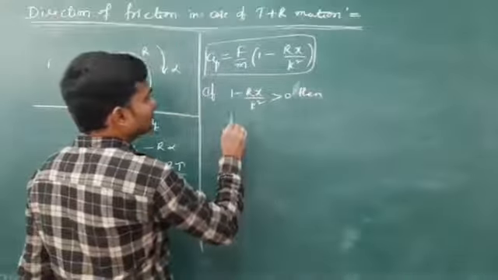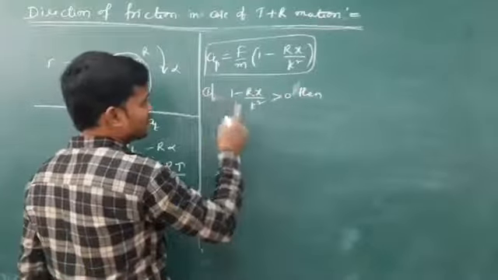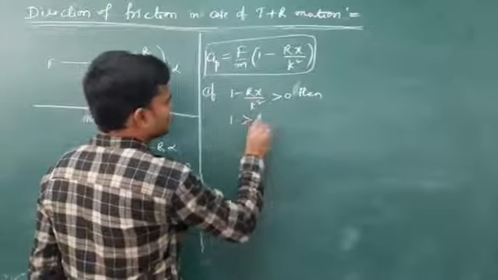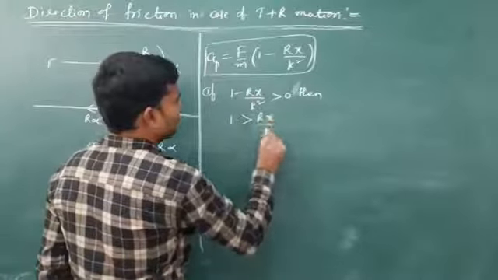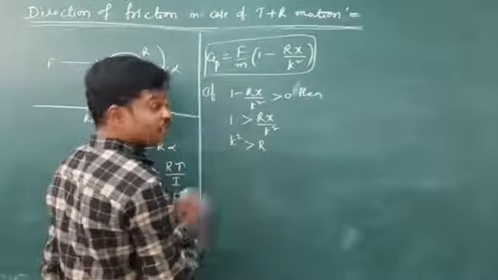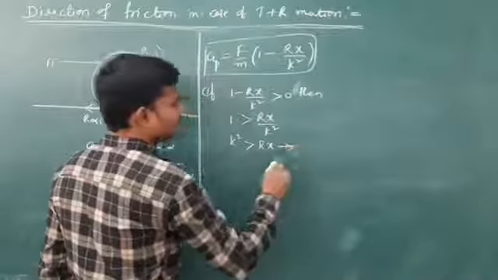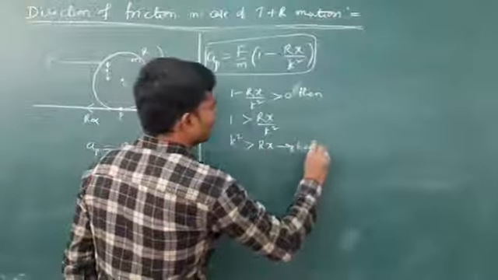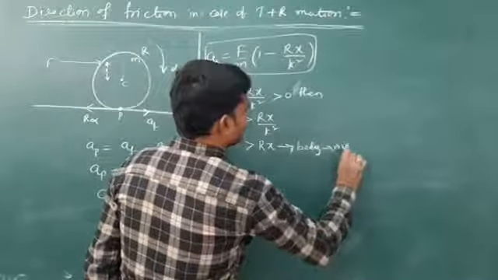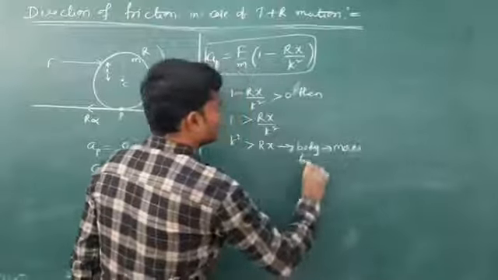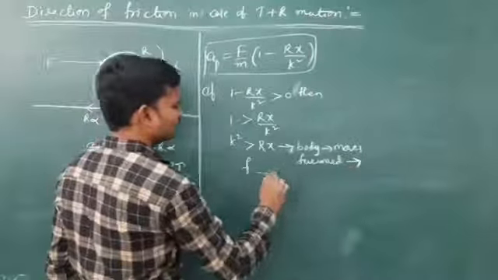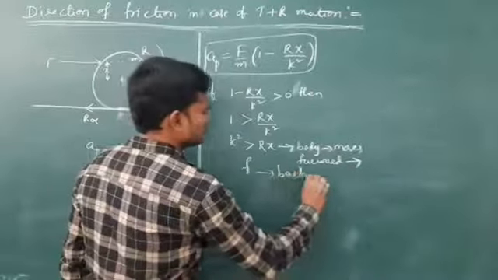So we can write the condition: 1 greater than r x by k square, that is k square greater than r x is the condition for the body moving forward and frictional force acting backward.